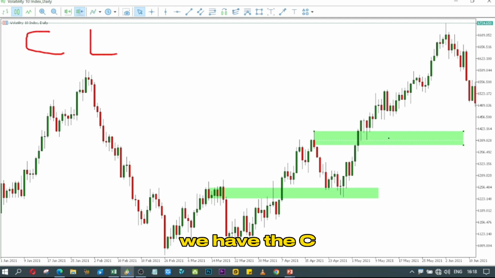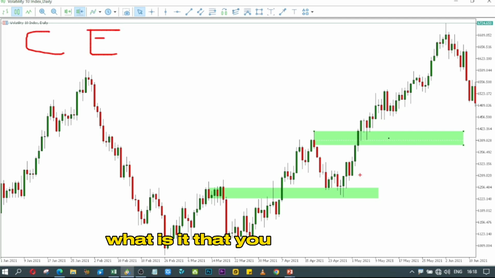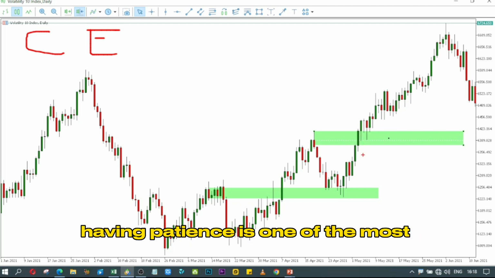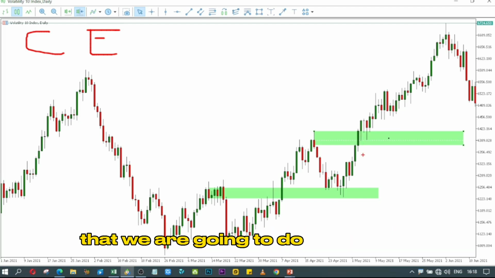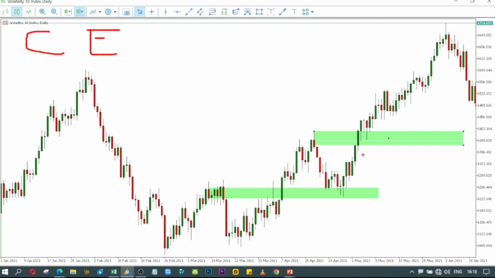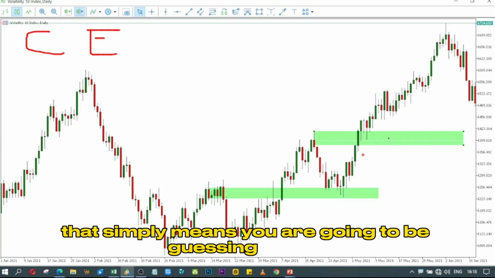So we have the C, now we are on the E. So let's go to the entry. What is it that you need to see when you want to enter the market, right? You want to wait. So before I show you the entry, I want to talk about having patience. Having patience is one of the most important things that you are going to do as a trader, because if you have your strategy, and you don't have patience, that simply means you are going to be guessing trades.